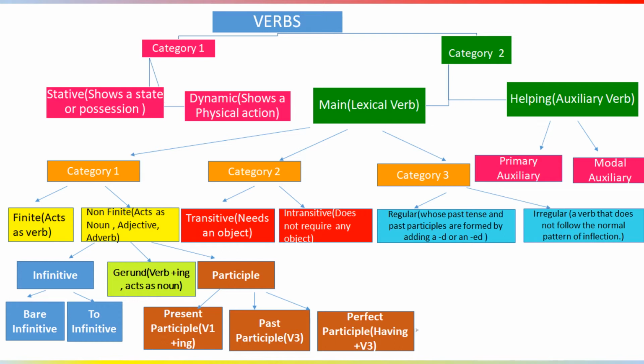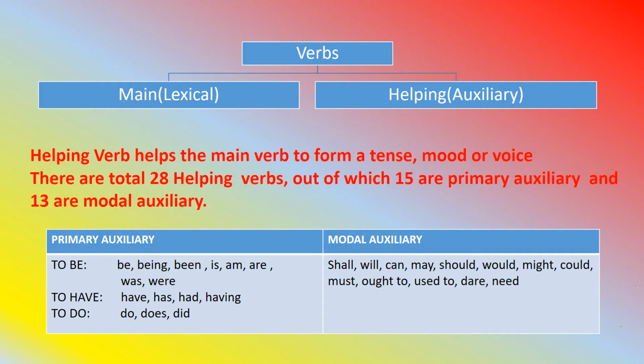Present participles are made by adding ing to the first form of the verb. Past participle are the third form of the verb. Perfect participles are formed by adding having with verb third form. So let's study these types of verbs in more detail.